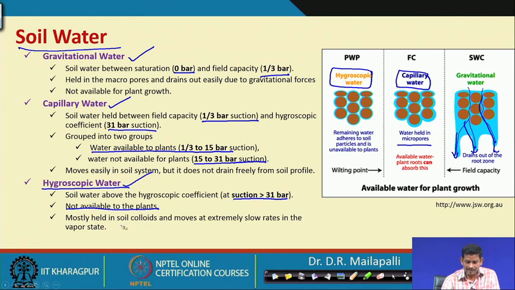It is mostly held in soil colloids and moves at extremely slow rates in the vapor state. So, this is not going to be available to the plant. Our main focus or interest is the field capacity water.